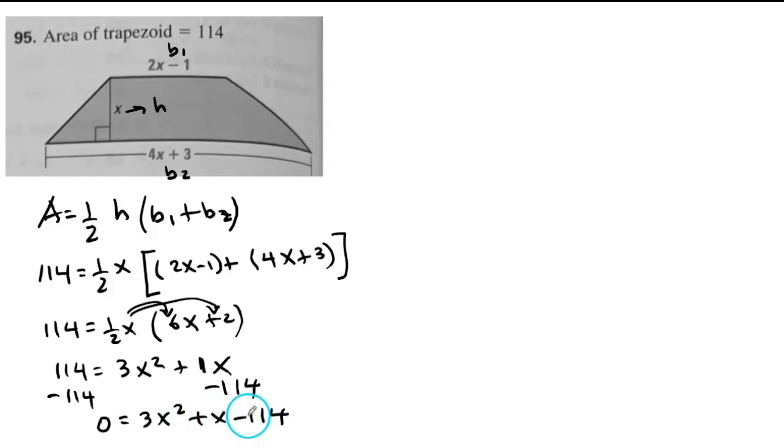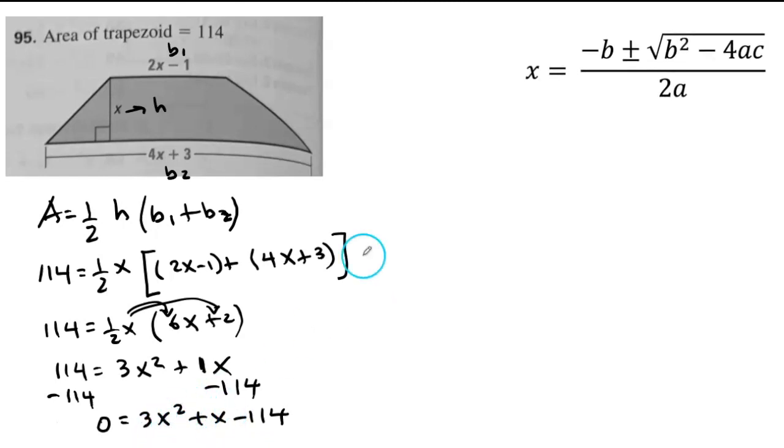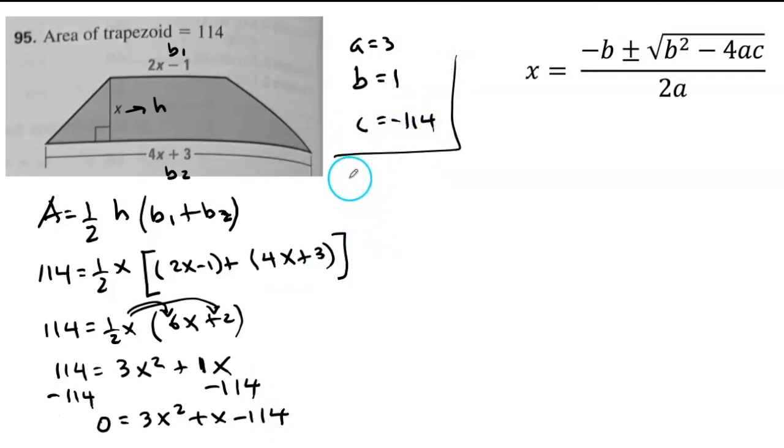Because I have a quadratic, I need to find the values of x. I've got to bring my quadratic formula. I need to identify what's what. A, in front of the x squared, is 3. B, in front of the x, is 1. C, my constant, is negative 114. Let's apply our quadratic formula.